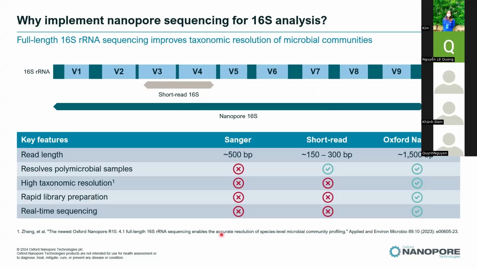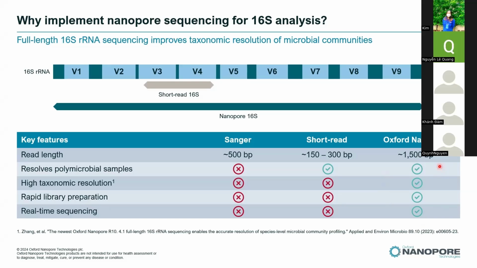If we compare traditional sequencing methods such as Sanger sequencing and short read sequencing, typically they target only a few hypervariable regions, for example, V3 and V4. This may limit the amount of sequence information available and reduce the resolution for species level identification.